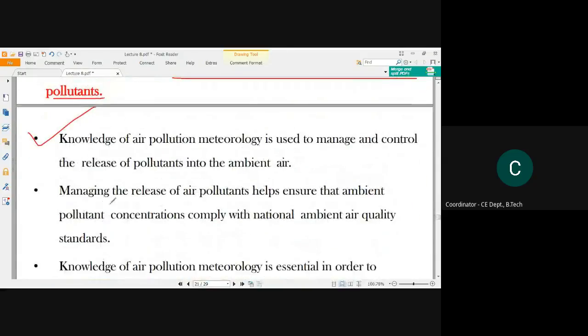Managing the release of air pollutants helps ensure that ambient pollutant concentrations comply with national ambient air quality standards. That means there is a certain air quality index that has been prescribed by the particular board at that location, state or country.